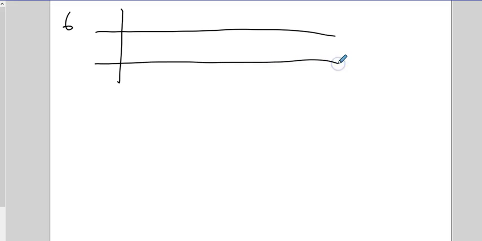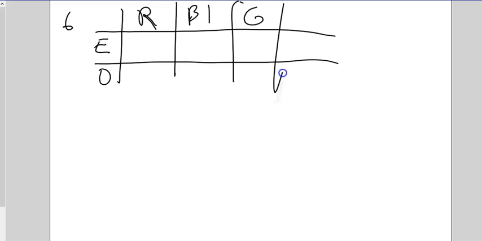So for number 6, we have our expected, we have our observed. We have red, black, green, and total.